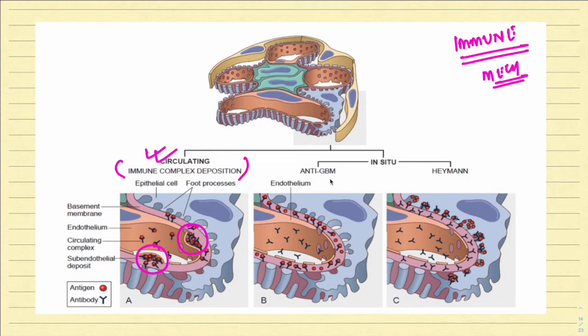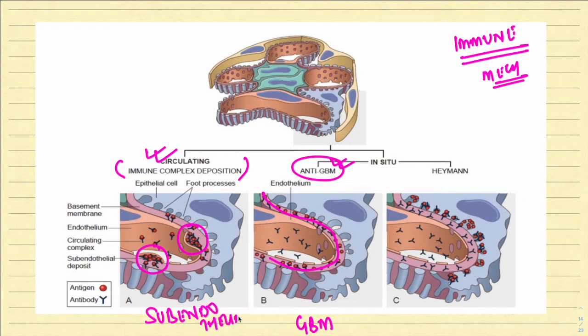Now secondly, in the in situ variety there are two types. One is where the problem is present at the level of the glomerular basement membrane, so you can see the endothelium here and the deposition is along the GBM. In the circulating immune complex, usually we are looking at the subendothelial deposit.